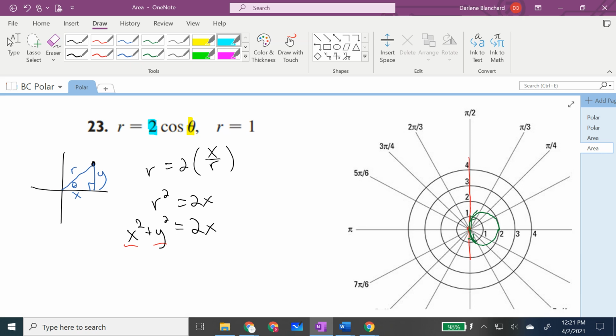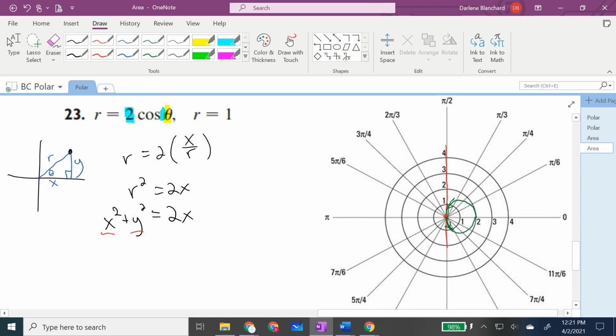If that is your situation, you are drawing a circle. If you have addition with a number, it becomes a limaçon. If you have theta multiplying by something, then you have a rose curve. Now, that was this, and then we still have r equals 1.